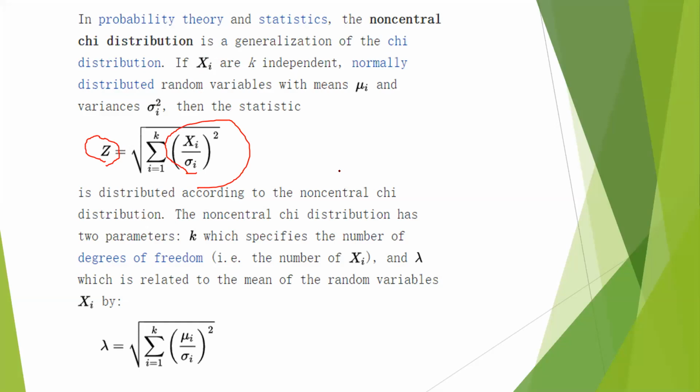I uploaded that link on iLearn, and that link will provide some interesting knowledge. Sometimes it's not that easy, but when you read it, you can understand the relationship between different types of distributions. And this is an example. Actually, the normal random variable is associated with the chi-square random variable.